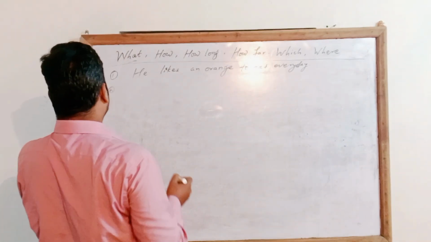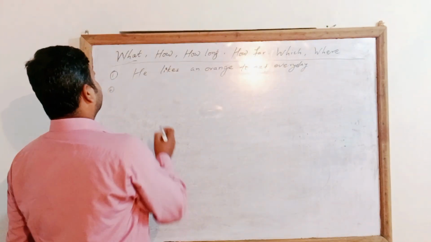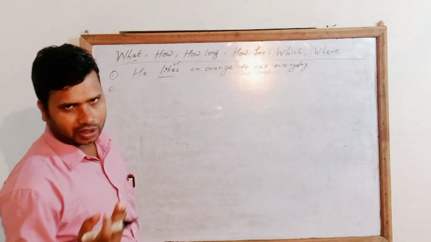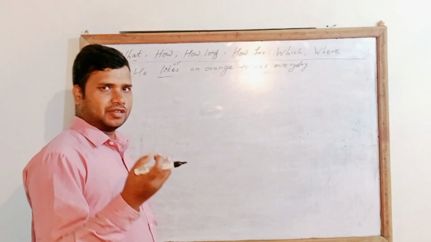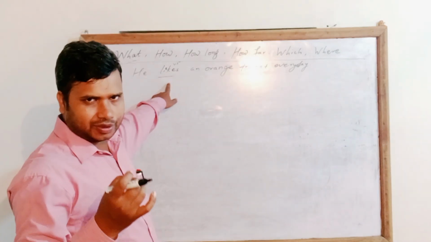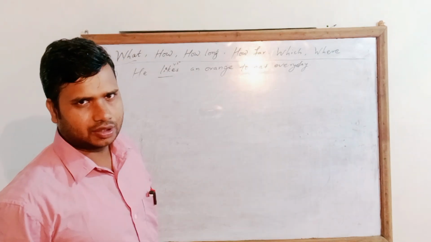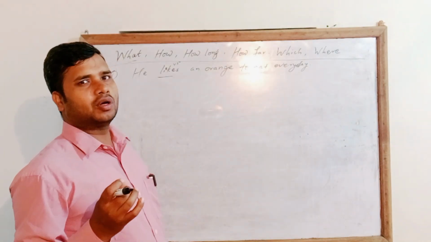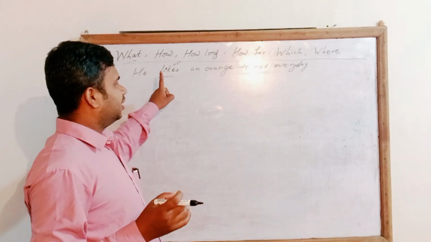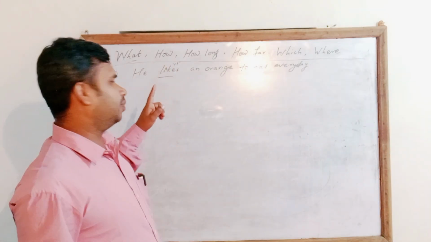So look. At first consider which tense it is. This is V5 form, and you know very well I have taught you the structure of tense, and V5 form is included in simple present tense: subject plus V1 or V5 plus object complement. In simple present tense, singular subject plus V5 plus object complement.